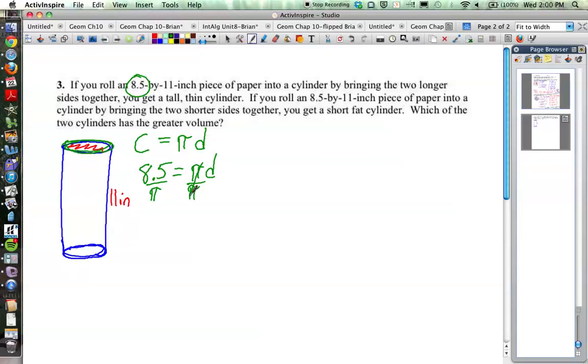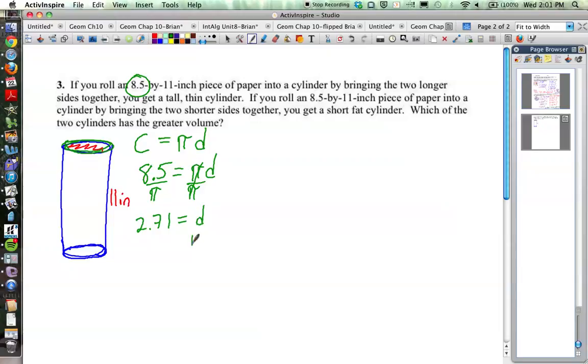So if you take 8.5 and divide it by pi, you get about 2.7. All right, more precisely, let's take it out a few more decimal places. So maybe about 2.71. So about 2.71 would be our diameter.